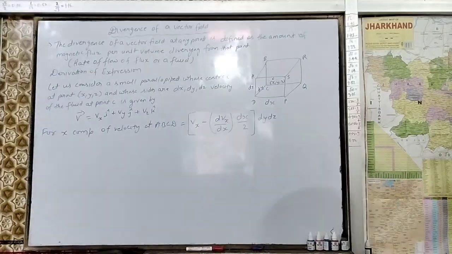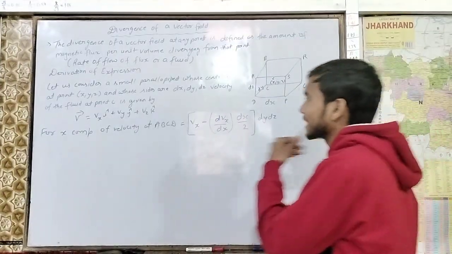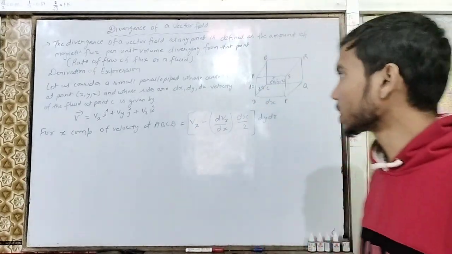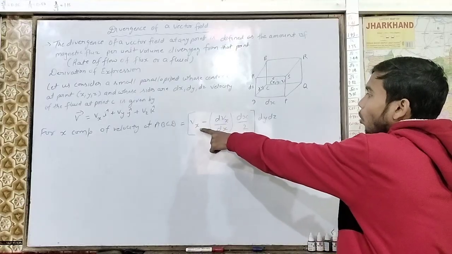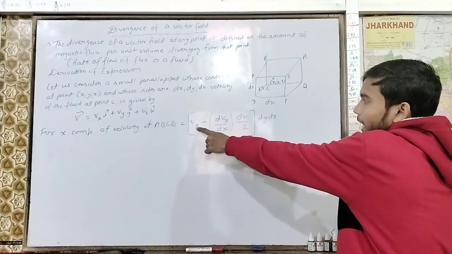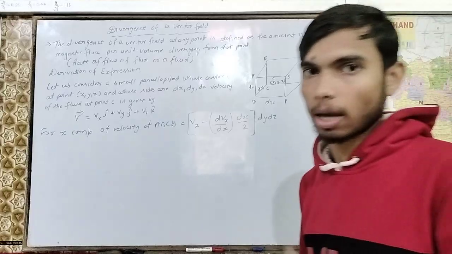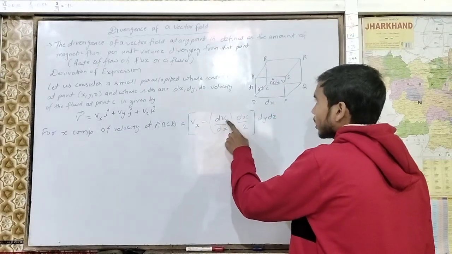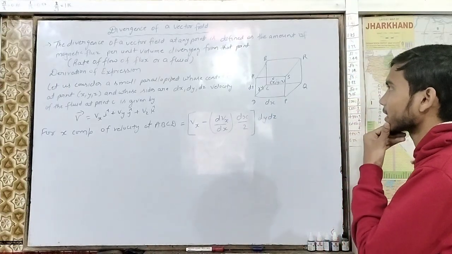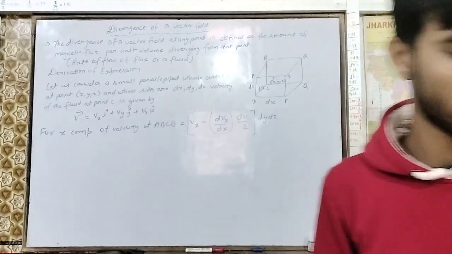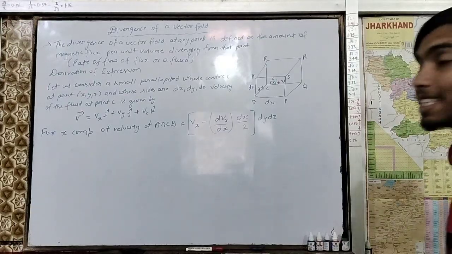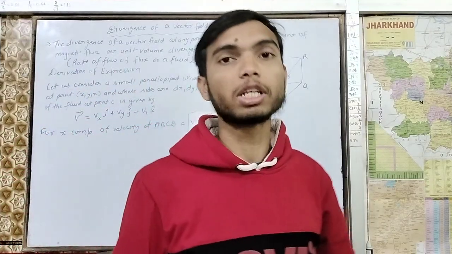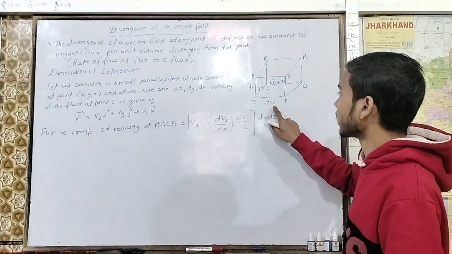Try to understand. This is velocity, but along the x component, the velocity of the fluid along x, minus a small dVx upon dx, which means what is the change of this Vx with respect to dx.